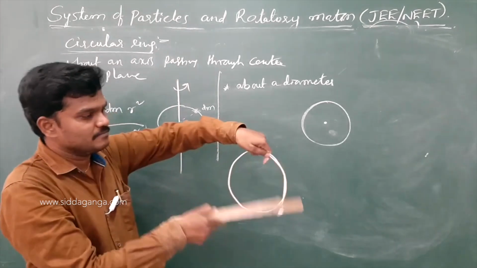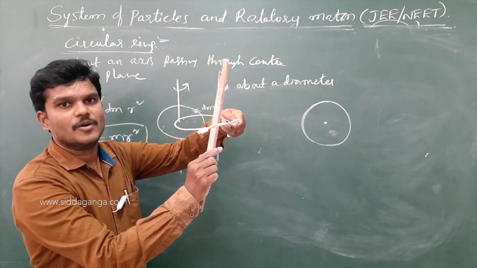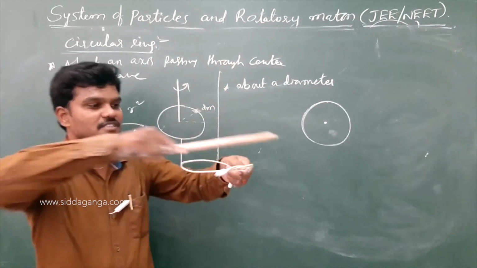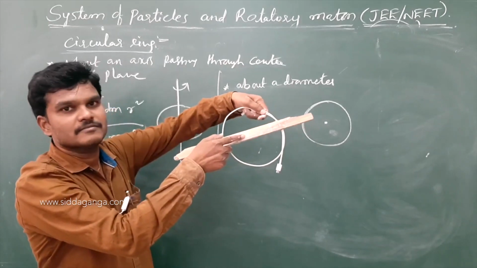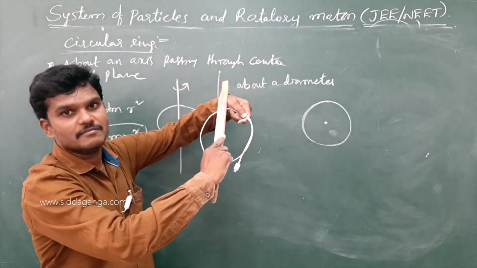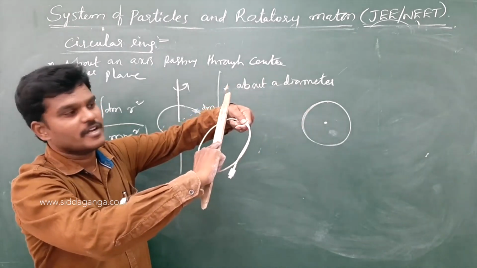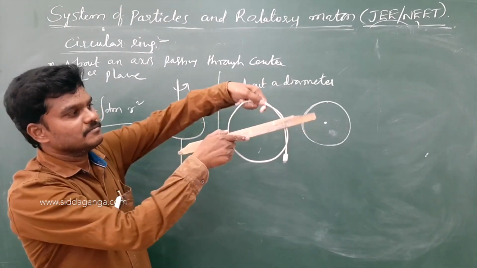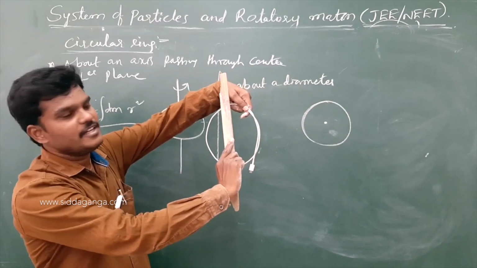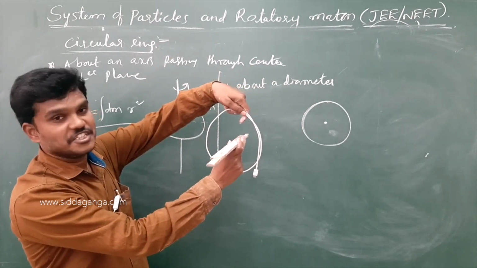See, this is the plane. Next about the diameter. See, this is the diametrical line, and this is also one diametrical line. Let us suppose one is Ix line, other one is Iy line, and this one is Iz.